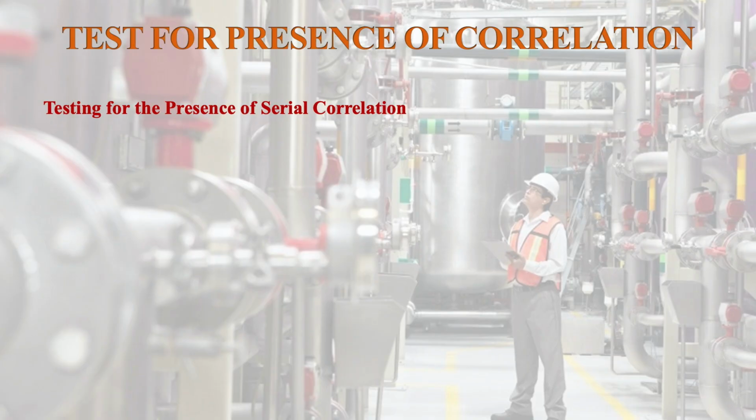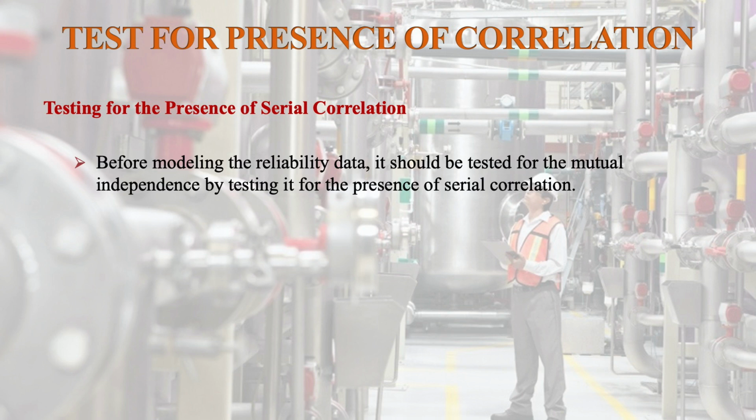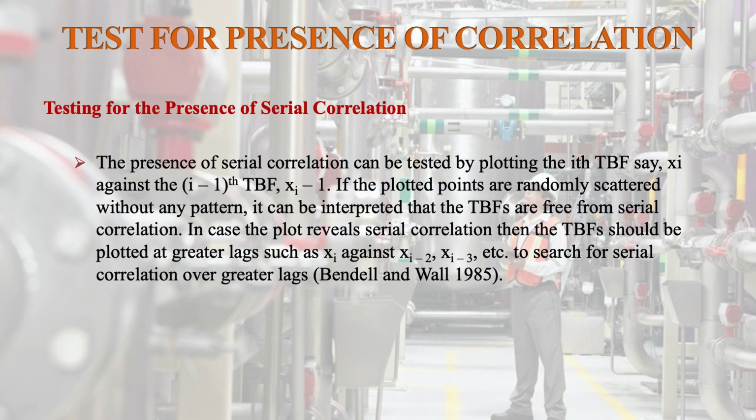Before modeling the reliability data, it should be tested for mutual independence by testing for the presence of serial correlation. The presence of serial correlation can be tested by plotting the ith time between failures, say xi, against the i minus 1 TBF, xi minus 1.